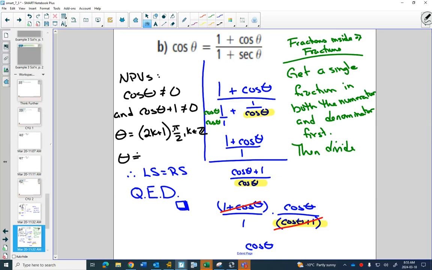So theta also can't equal k pi. Actually, that's not quite right. Let me erase it. Theta can't equal pi, because that's where cos is equal to -1. 2 pi is okay, and 0 is okay, so it would be pi plus 2k pi.